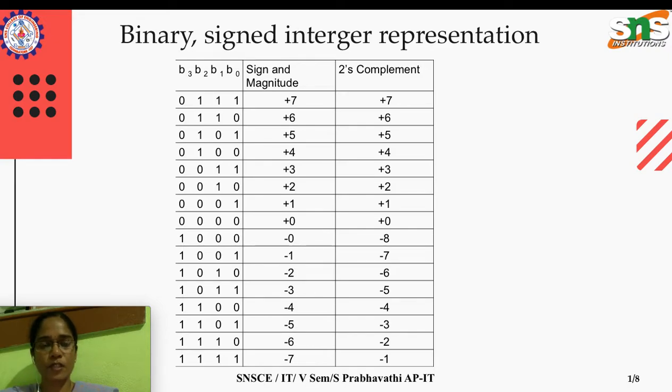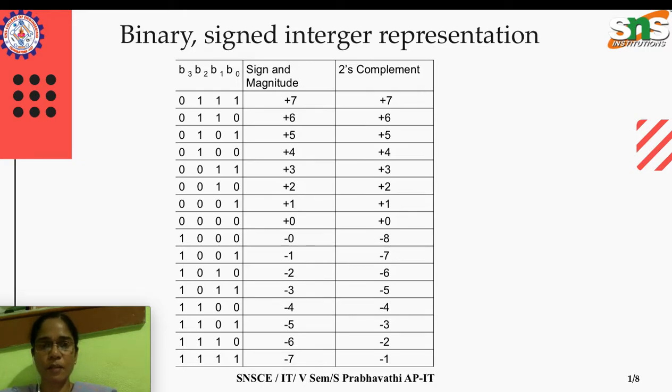Just have a look at this table. We have the 4-bit numbers, all the combinations are given, ranging from 0 0 0 0 up to 1 1 1 1, so totally 16 numbers. We can represent them in different ways.